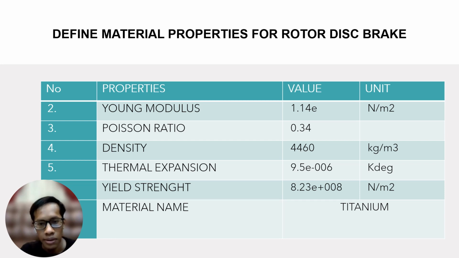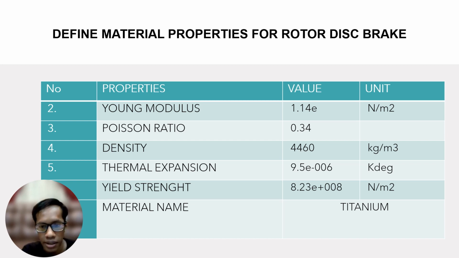This is our defined material properties for our rotor disc brake. Firstly, the Young's modulus, we got a value of about 1.14 exponent, and the Poisson ratio is 0.34. Also, the density is 4,460.